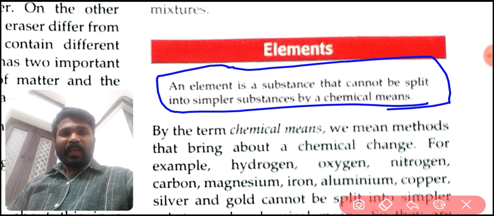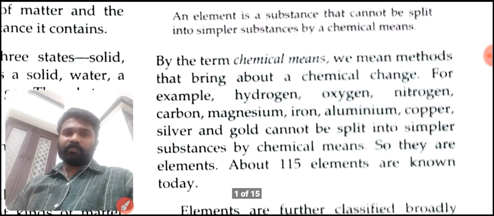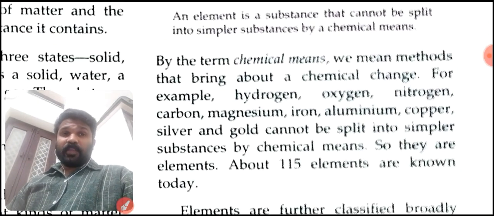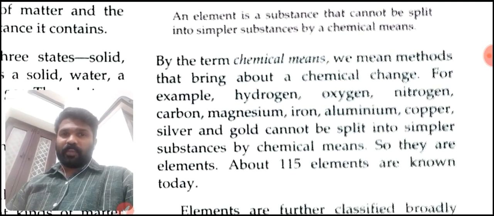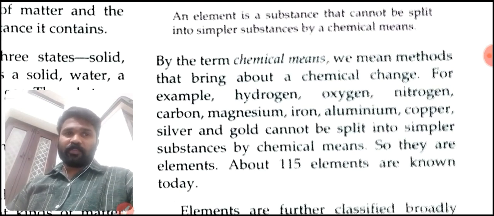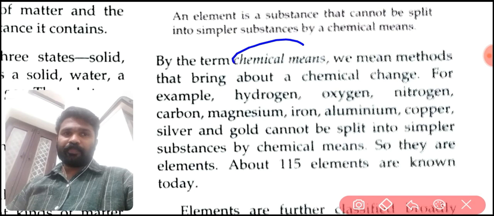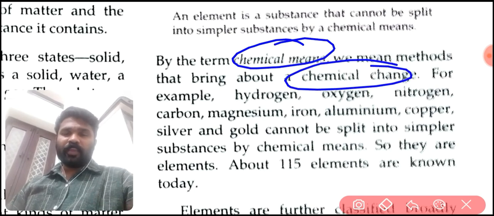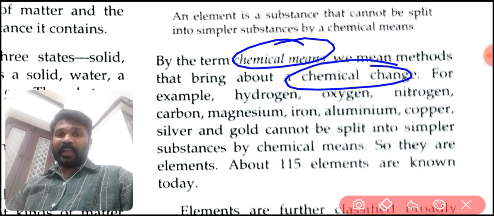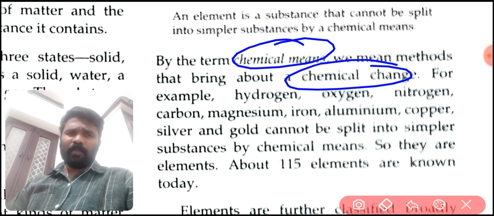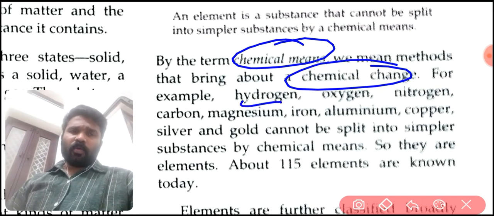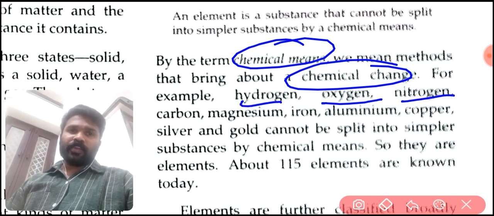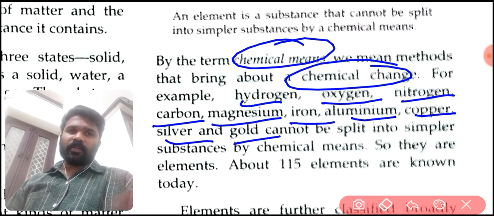By the term chemical means, we mean methods that bring about a chemical change in a substance. For example, hydrogen, oxygen, nitrogen, carbon, magnesium, iron, aluminium, copper, silver and gold.